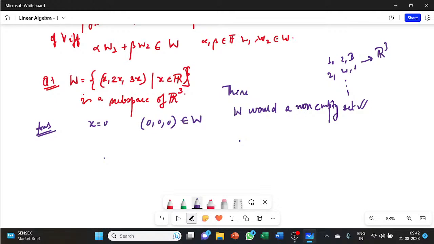Okay, so W would indeed be a non-empty set. I guess there are no responses, so I'll move further. If W is a non-empty set, let us move further.